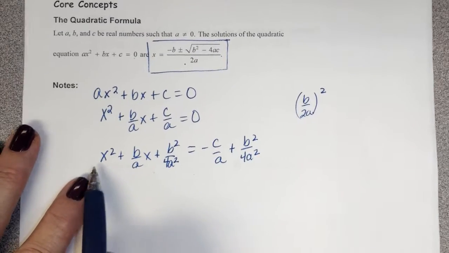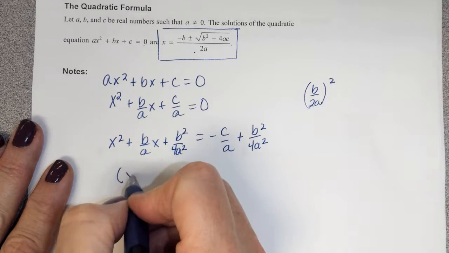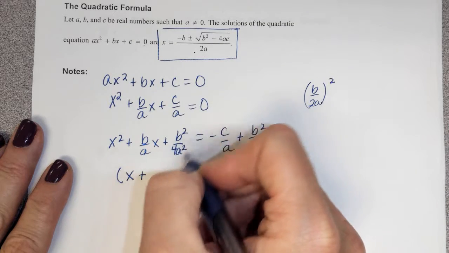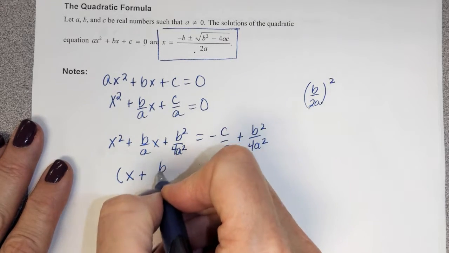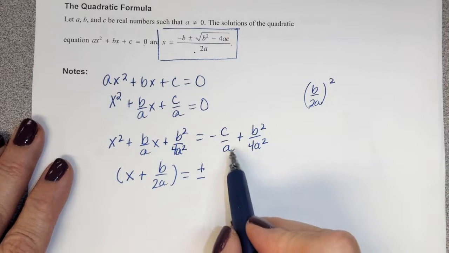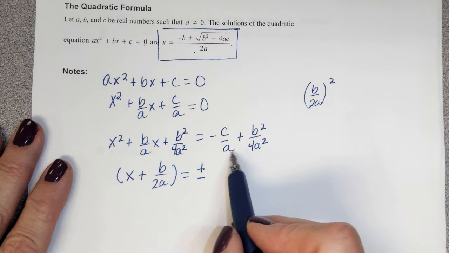All right, so now I'm going to factor this. It has to be a perfect square. I do the square root, this sign. What's the square root of this, guys? b over 2a, right. Equals plus or minus. Now, what do I have to have here to be able to add these? Common denominator.